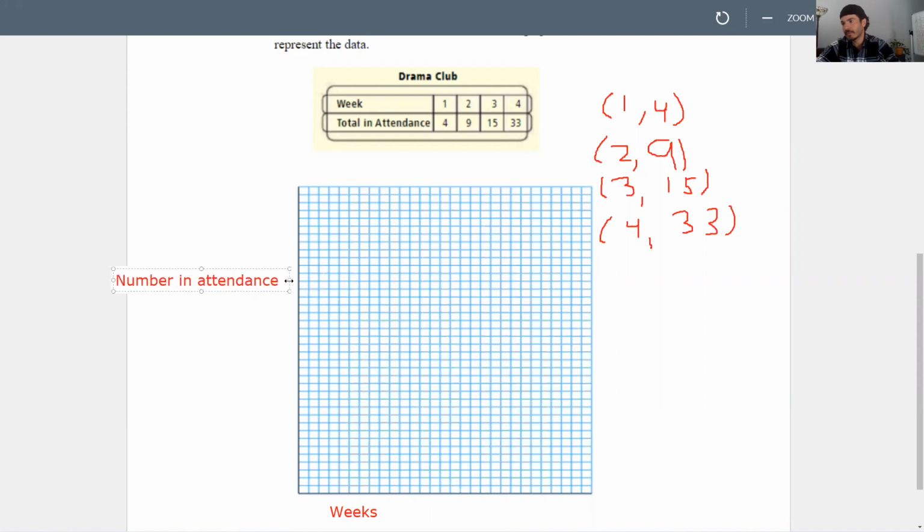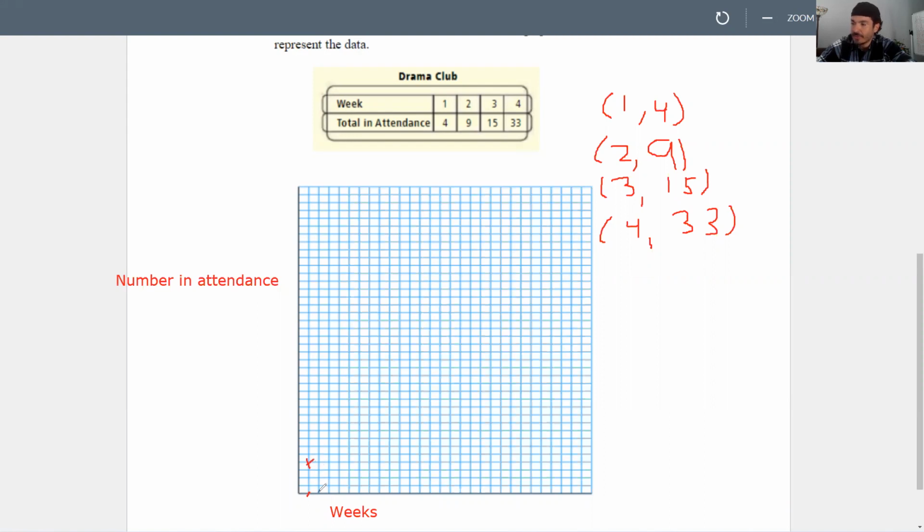Okay, and then I'm going to sketch the graph. Just for the sake of reference, here's our origin, 1 over, 4 up: 1, 2, 3, 4. There's my first point.